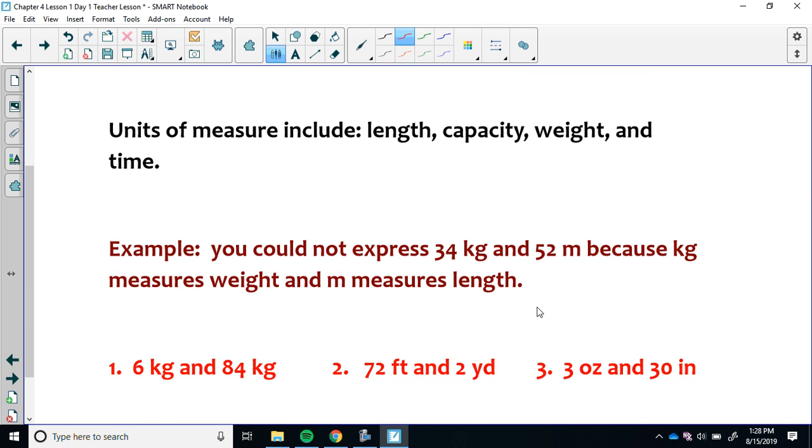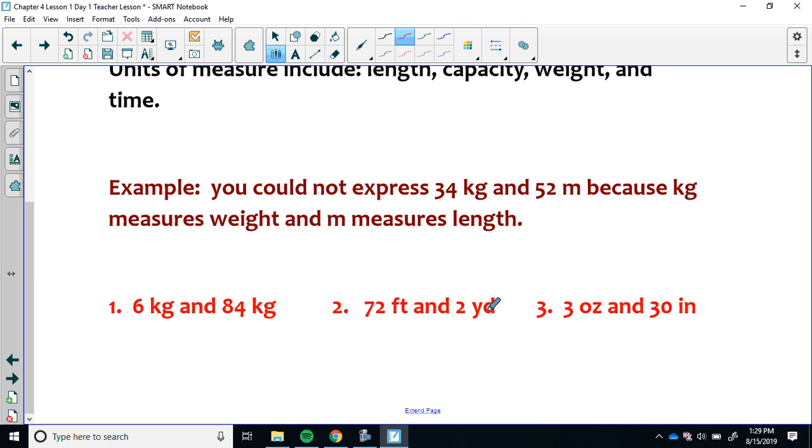Example, you could not express 34 kilograms to 52 meters because kilograms measure weight and meters measure length. This one, you can express as a ratio because they both measure weight. This you could express as a ratio because they both measure length.